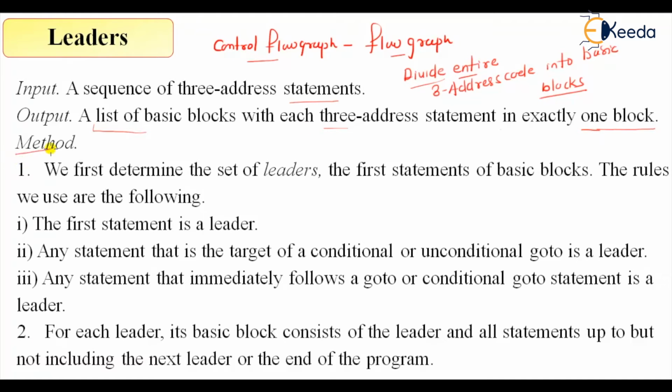So what we need to do for that is locate the leaders. We have to determine the set of leaders, and there are a few small rules. What is a leader here?